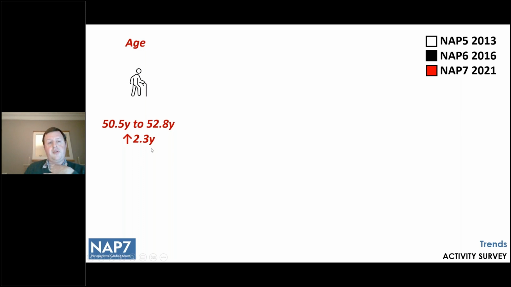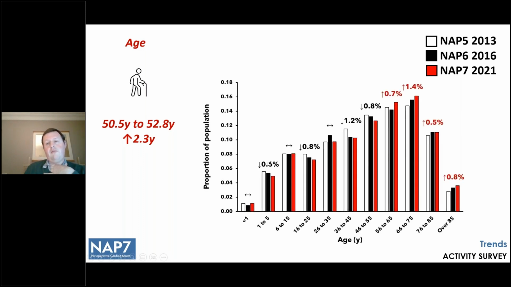That's an increase of 2.3 years. And if you look at the relative proportion of patients in ages 56 and above, in all of these groups, the relative proportion has increased, and the relative proportion of those younger than that has gone down. So we're really shifting towards a more aging population of patients that we look after as anaesthetists.